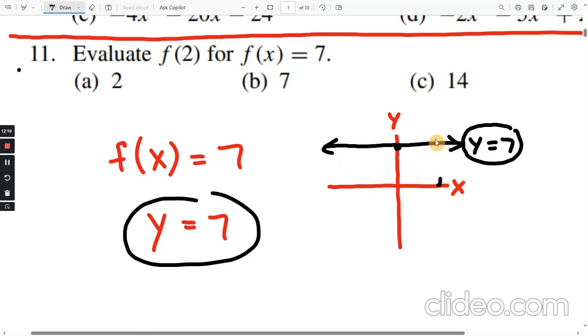No matter what you plug in, you're going to get 7. So f of 2, that just means you're plugging in x equals 2 and getting a y value of 7. So the answer is just 7. This is the whole function right here. There's nowhere to plug in x, so it's basically saying no matter what you put in for x, you're going to get 7. So it's actually a trick question.